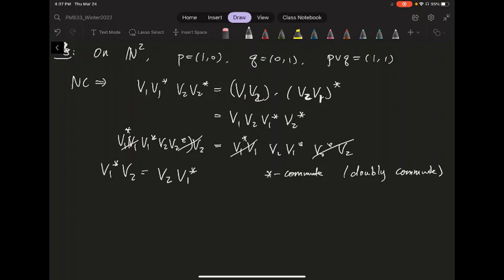The converse is actually also true. If you have doubly commuting isometries, then they give you a Nica covariant representation of N squared. So that's really the missing condition. And in fact, even in terms of Wold decomposition, these doubly commuting isometries have a much nicer Wold decomposition. This was observed long before Nica, in the result of Slocinski, who showed that they decompose as unitary-unitary, unitary-shift, shift-unitary, and then the last piece is the bi-shift, basically a left regular piece.